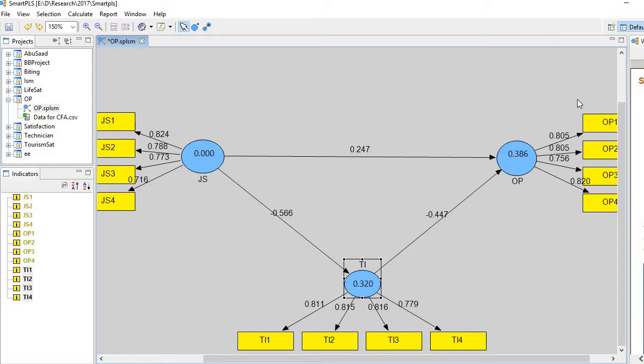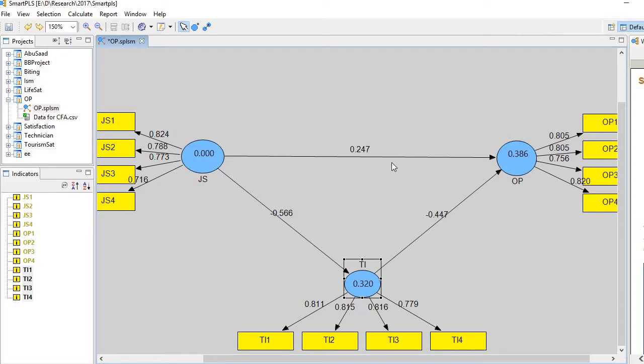So this is the direct effect, and if we multiply these two values, we will get the indirect effect.